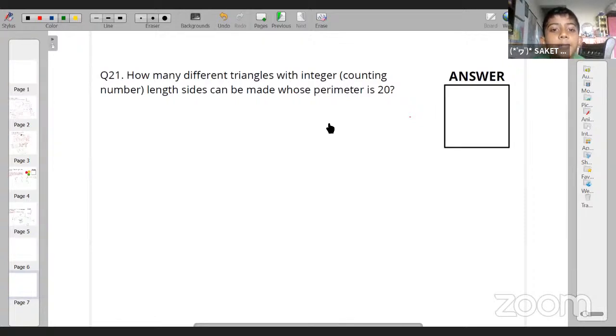Think about it. There is one particular rule which will come into play in this question because of the triangle part.